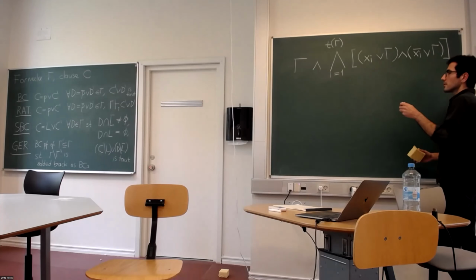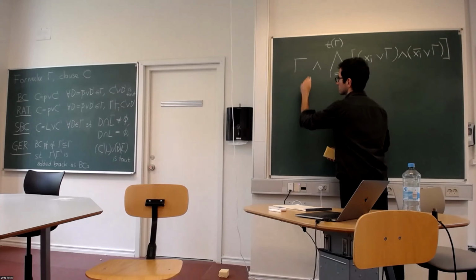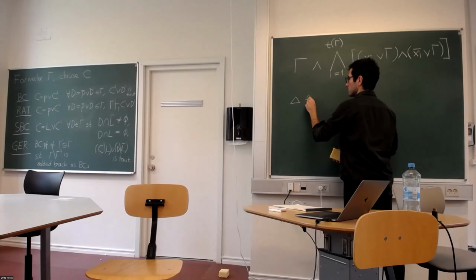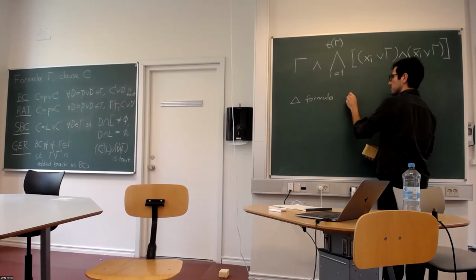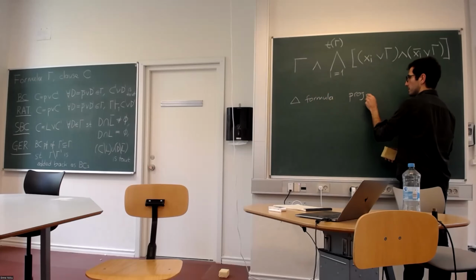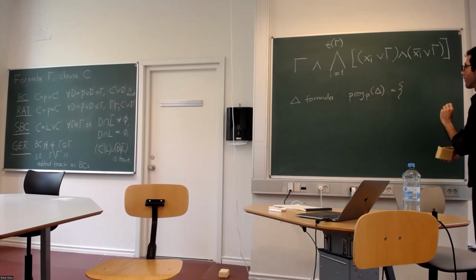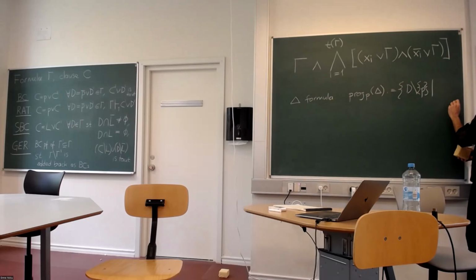So let me define, given a formula, not gamma, but alpha, let me define something called the projection of delta onto P. I'll write it in shorthand.